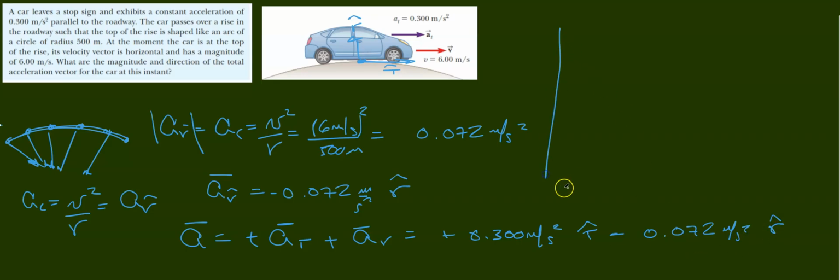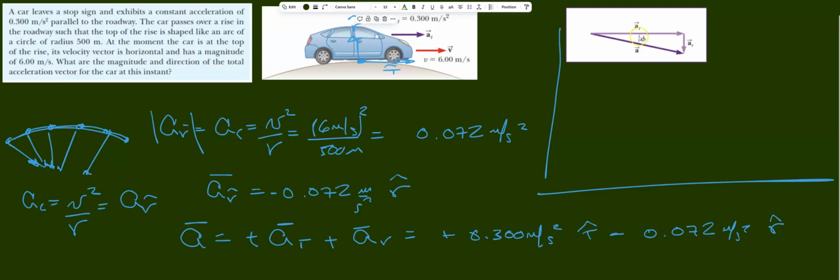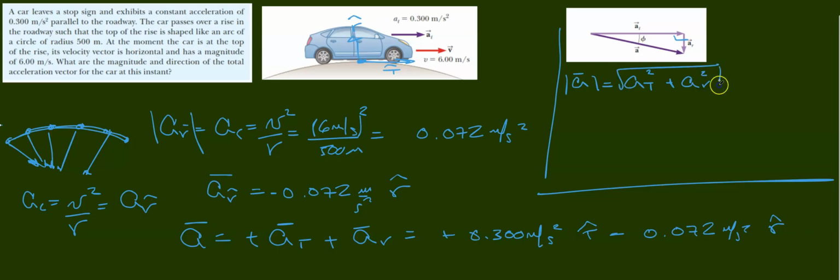Okay, and if we plot this, it's going to look like this, the tangential and the radial. So the total, we can find very quickly the magnitude of this with some Pythagoras, right? The total acceleration is the square root of a tangential squared plus a radial squared.